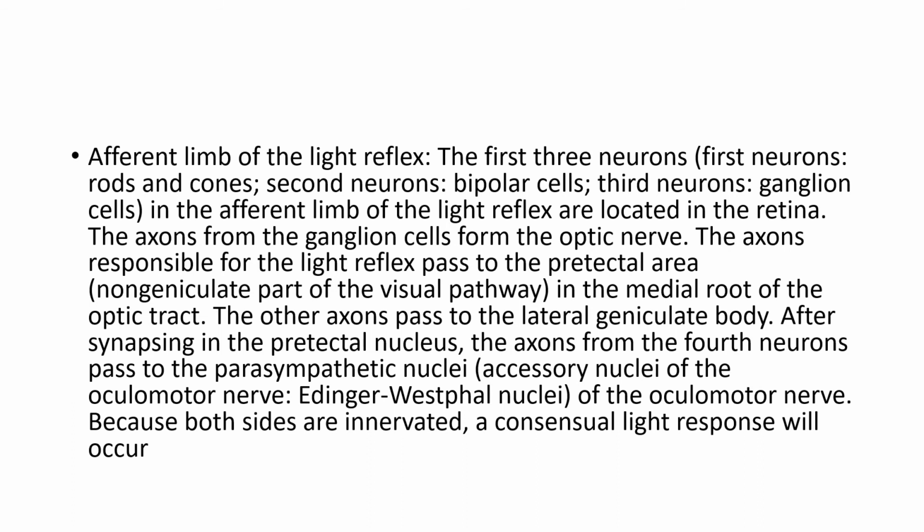The axons from the fourth neurons pass to the parasympathetic nuclei, or that accessory nuclei of ocular motor nerve, also known as Edinger-Westphal nuclei of the ocular motor nerve. Because both sides are innervated, a consensual light response will occur. So that's how we get both pupils to constrict when a light is shined in the eye.